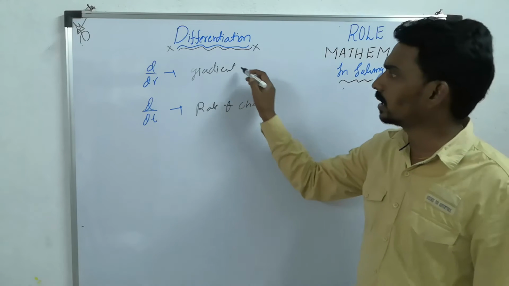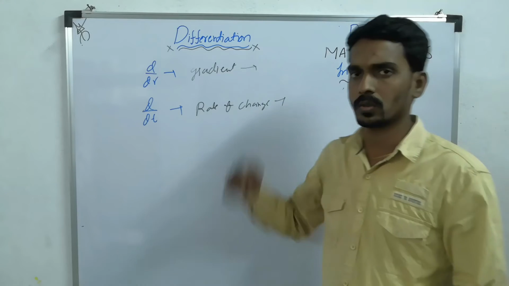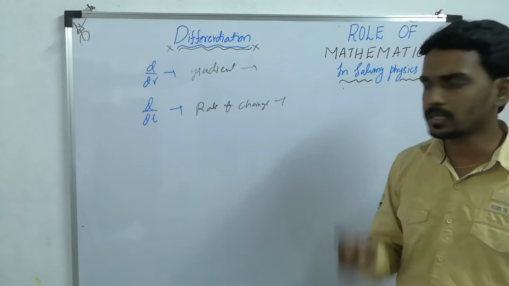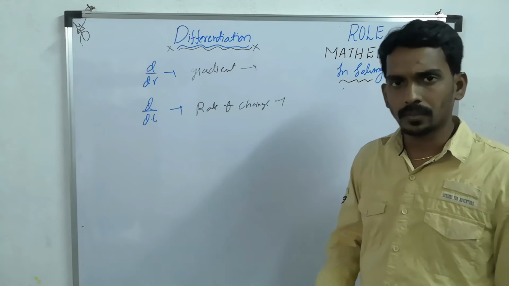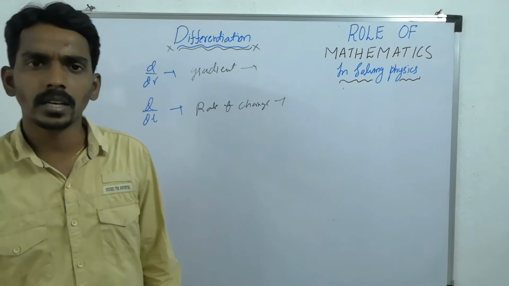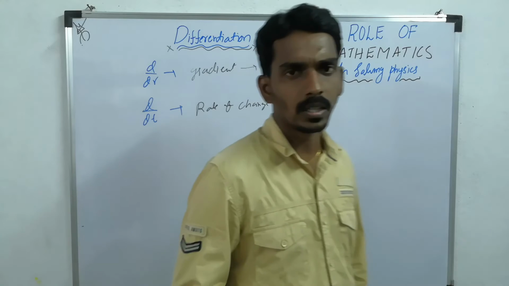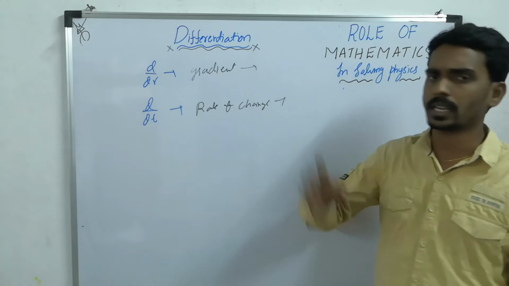So here the example is like potential energy gradient is force. Rate of change in velocity is called acceleration. Rate of change in linear momentum is called force. Rate of change in magnetic flux is called EMF. Like that, so many examples.